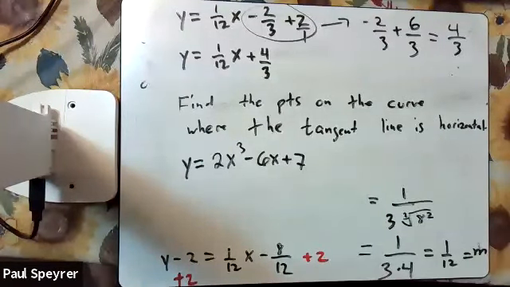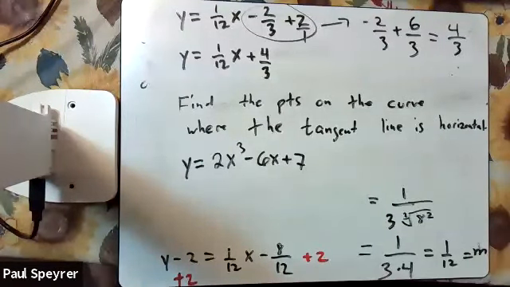Now remember, this just gives us the slope equation for any point along this curve. We're not looking for any point, right? We're looking for a very specific point. We're looking for the points on the curve where the tangent line, this purple and green line, is horizontal. And like we said before, horizontal lines appear when your slope is 0. So what do we need to do with this slope equation? Set it to 0.